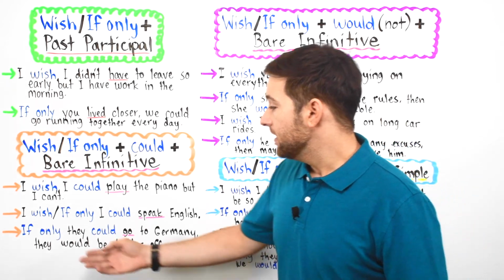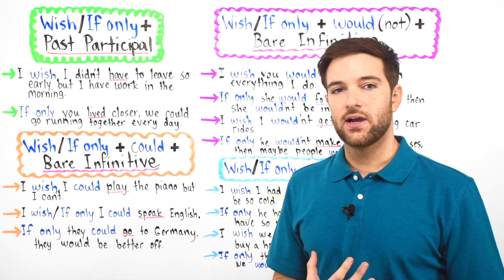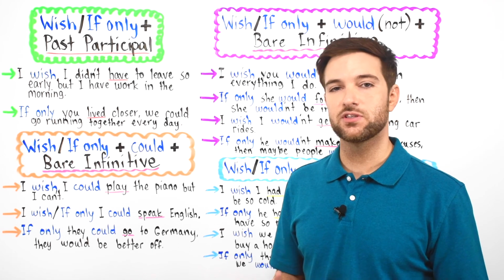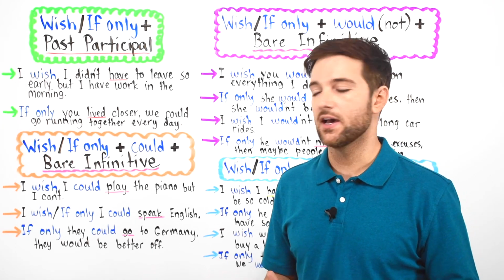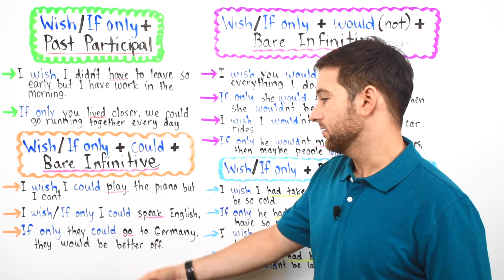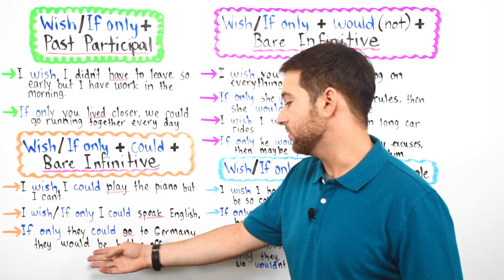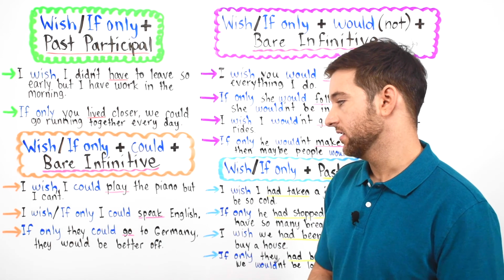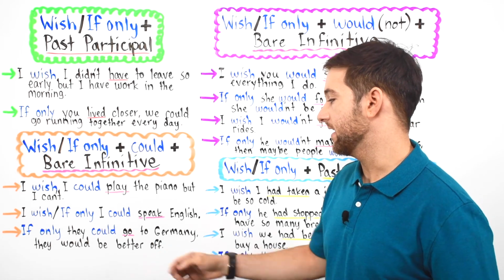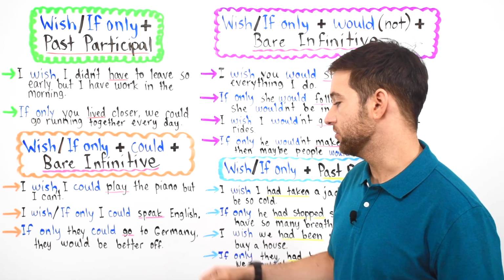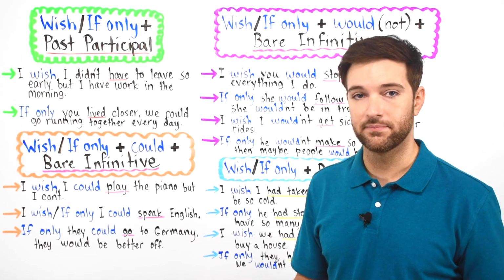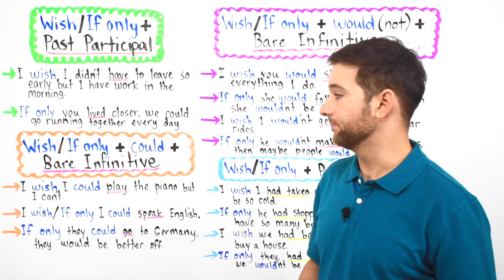So if only, you feel that regret, like if only it was possible somehow that they could go to Germany, okay? They then would be better off, right? They would be better off in that situation if they were in Germany, okay? But they're not. Not at the present moment, they're not.